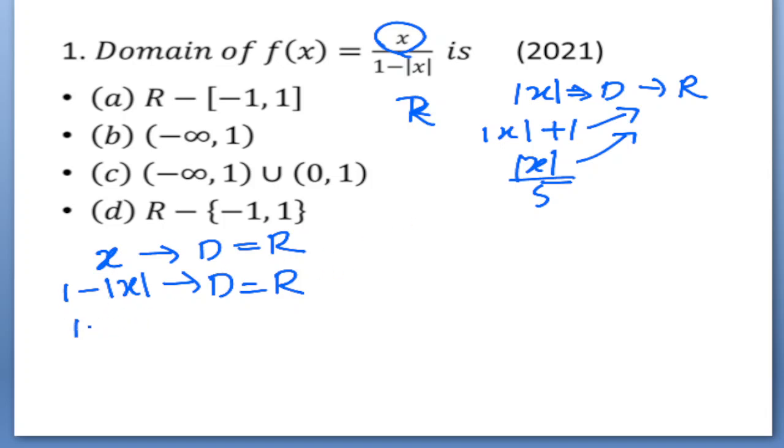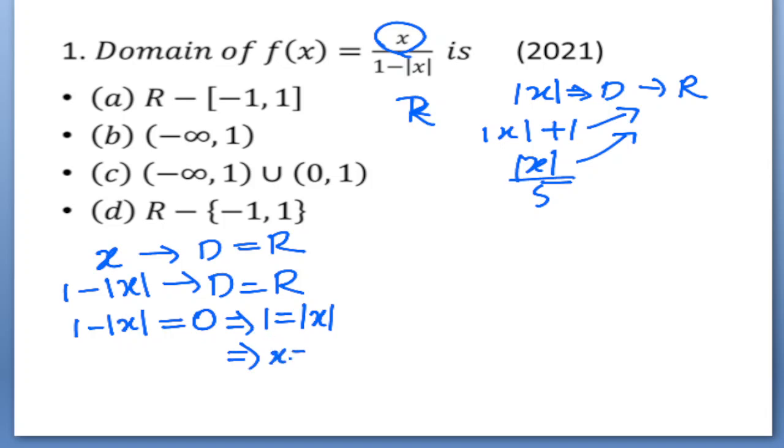Now 1 minus modulus of x is equal to 0. If it is equal to 0, then at those points of x the function is not defined. So we have 1 is equal to modulus of x. Now for what values of x can modulus of x be equal to 1? There exist only 2 values.